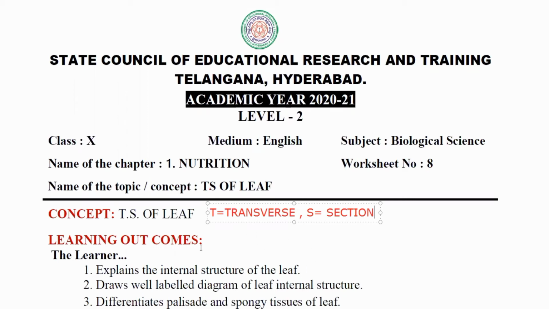Transverse section, TS of leaf. Transverse section of leaf. So what are the student learning outcomes?